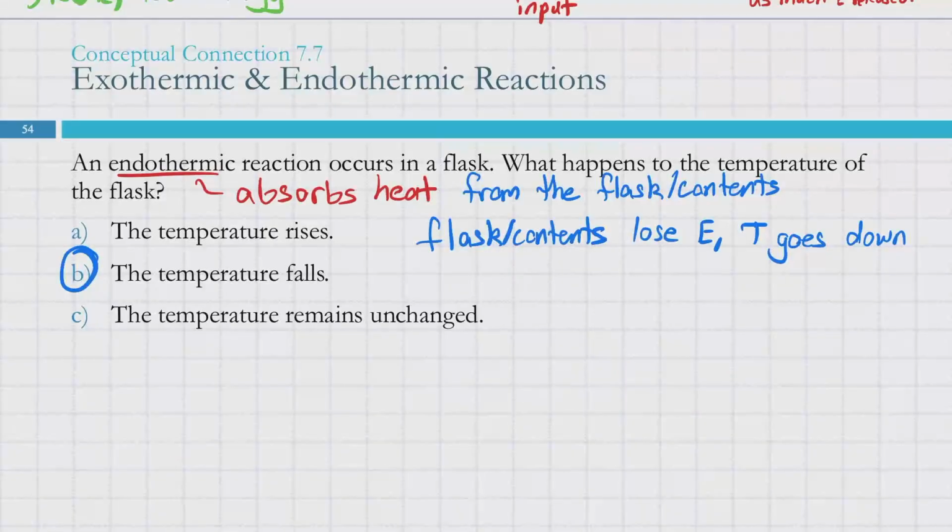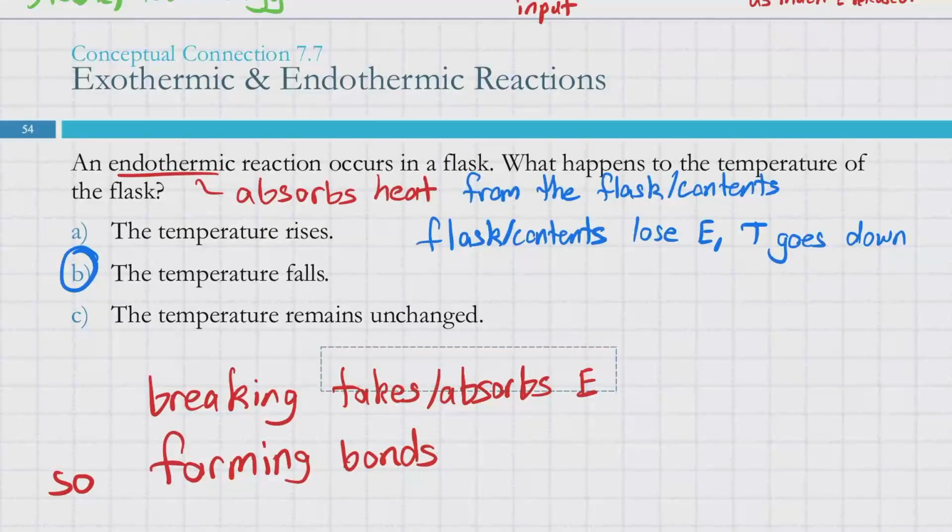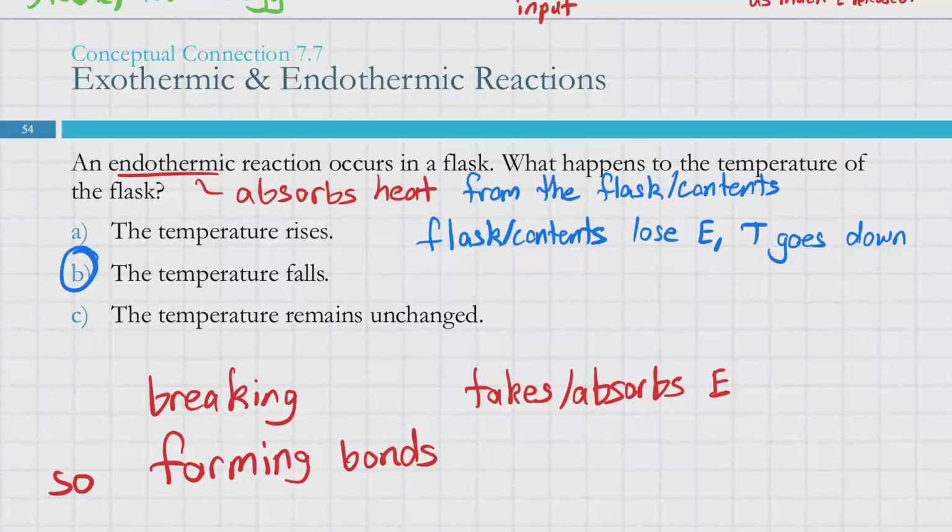Breaking bonds takes energy, absorbs energy, so forming bonds, the opposite, I missed the bonds part of that sentence. So forming bonds releases, emits energy.